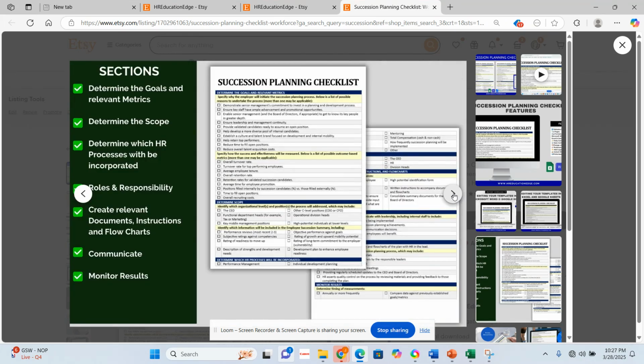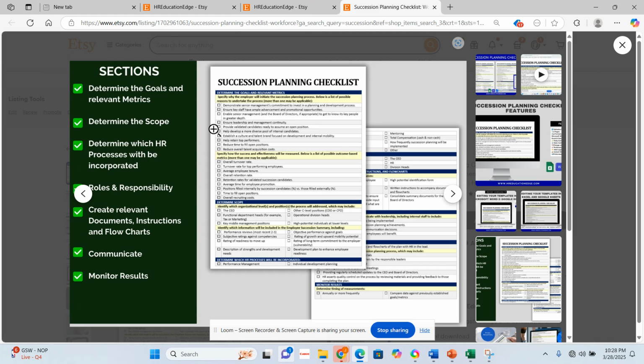And there are different sections. And you'll notice, number 1, determine the goals and relevant metrics. What are you trying to exactly do with the succession planning checklist? That'll be important. Then also determining the scope. Determine which HR processes will be incorporated.